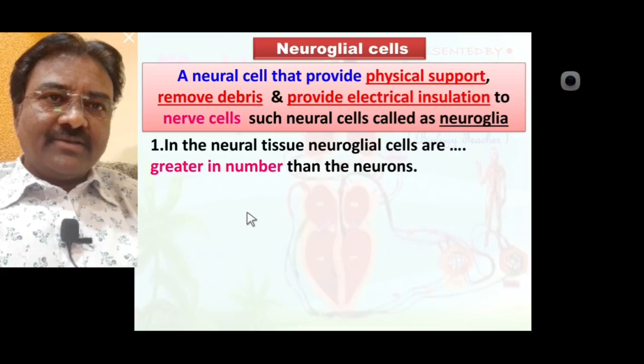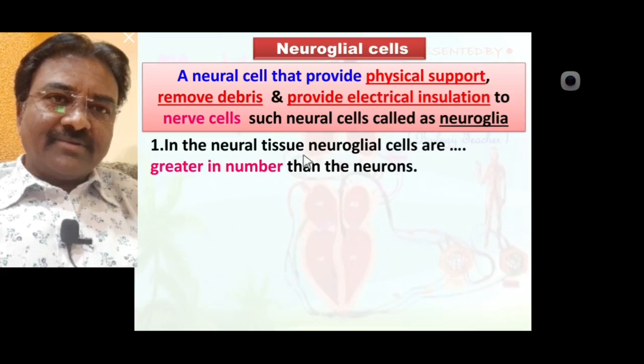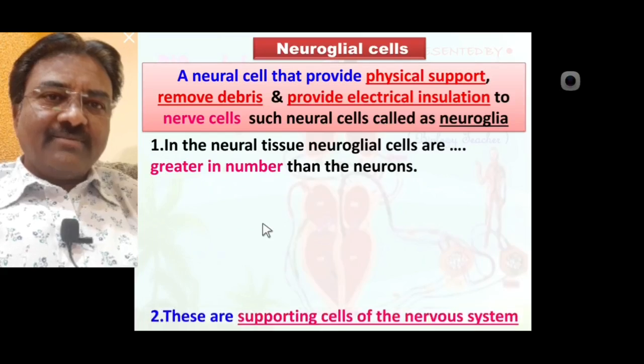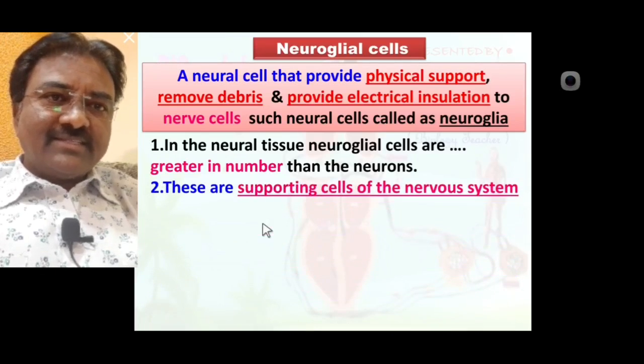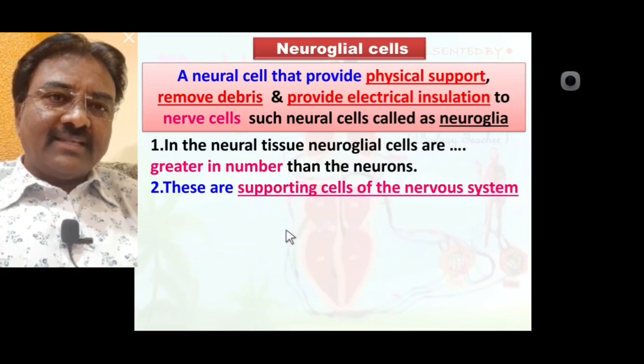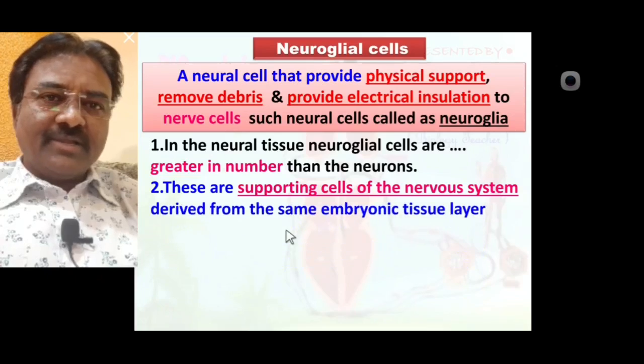Means no doubt neuroglial cells are more in number than the neuron cells present in neural tissue. Second point, neuroglial cells are supporting cells of the nervous system. Which are the supporting cells of the nervous system? Neuroglial cells.